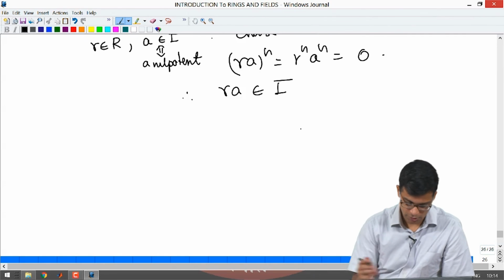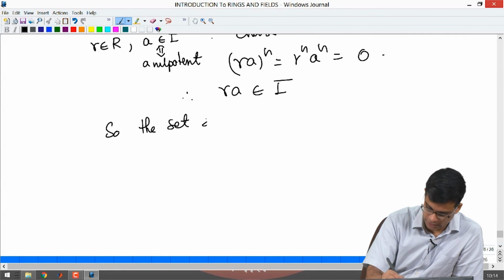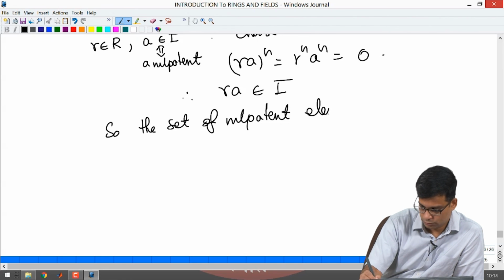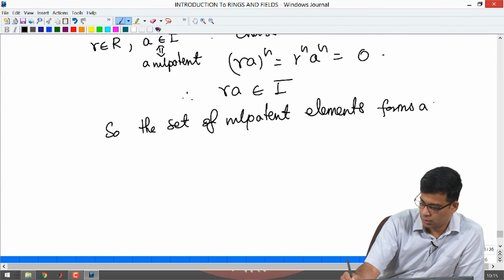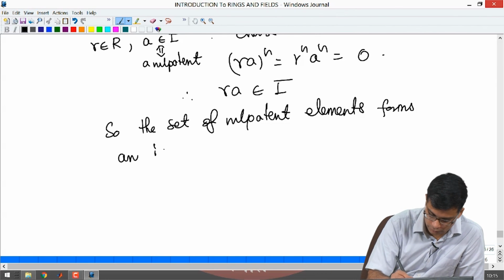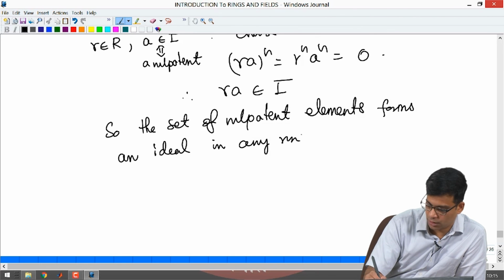So, that means the set of nilpotent elements forms a ring, sorry, forms an ideal in any ring here. So, R is an arbitrary ring.